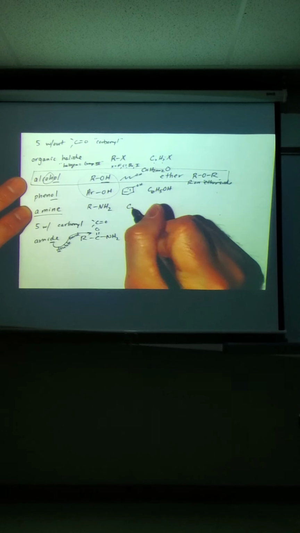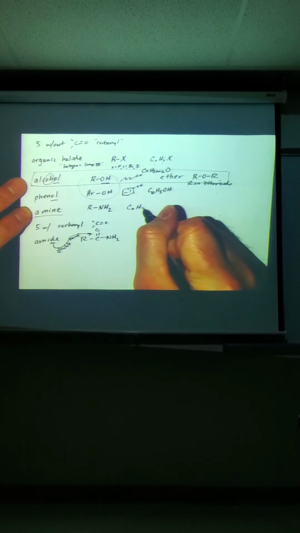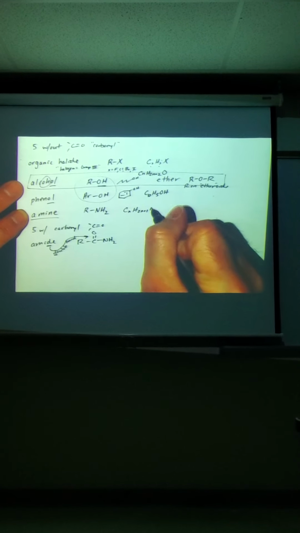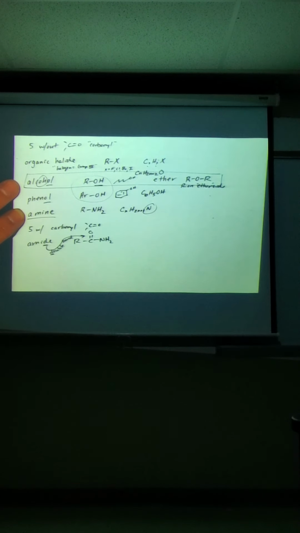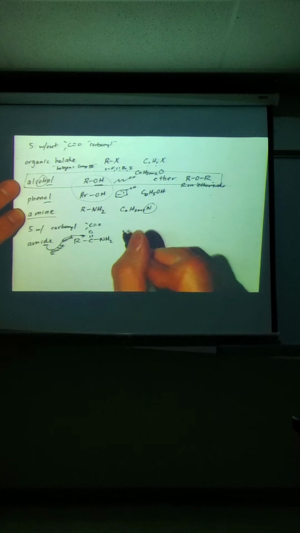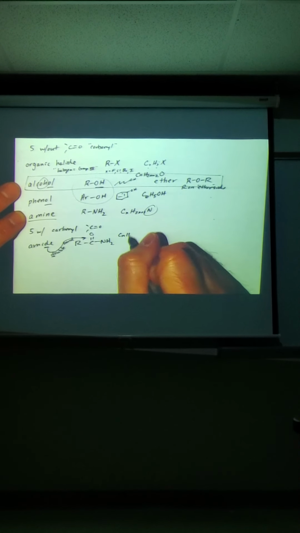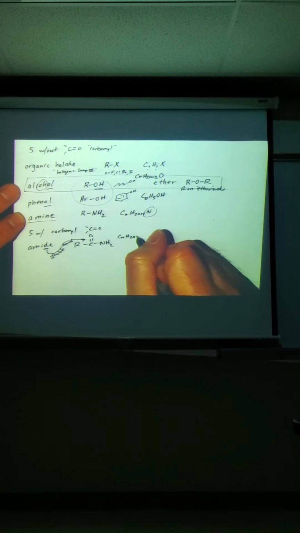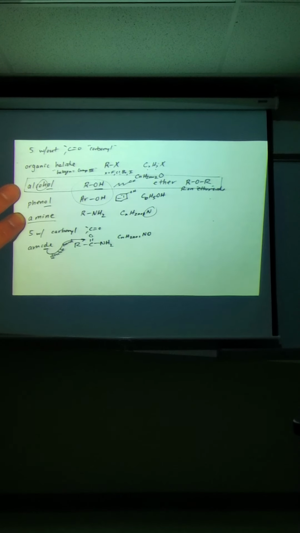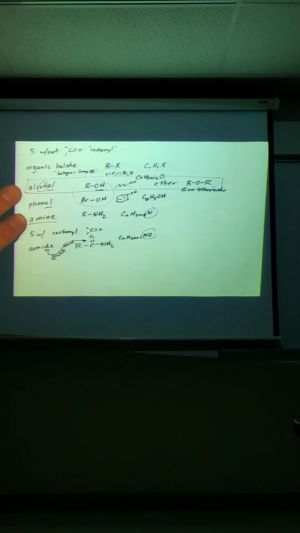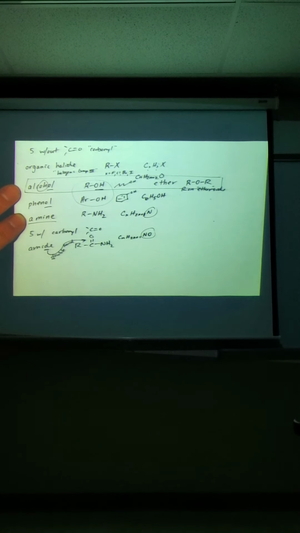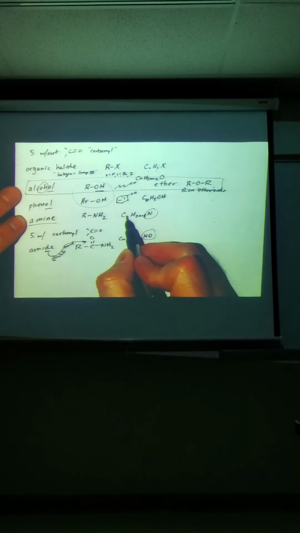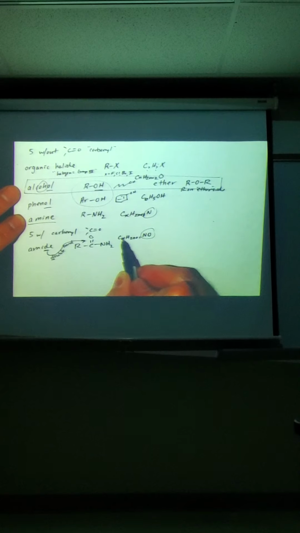As far as naming goes, or at least formulas go, this one CnH2n plus 1 N, but really all that matters is it's got N, nobody else does. This one, same idea, CnH2n plus 1, this is actually plus 3, but again, it doesn't really matter. And O. All that really matters is they have nitrogen and oxygen because of the carbonyl and because of the nitrogen group itself. So don't worry too much about the N's and H's on this one.